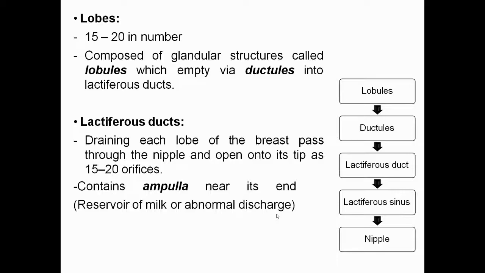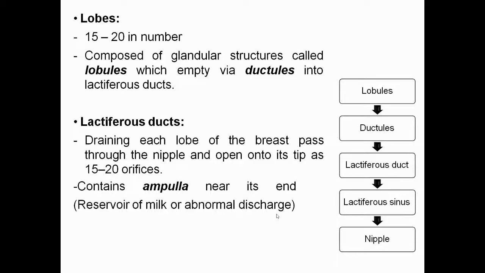It contains an ampulla near its end, and it acts as the reservoir of the milk or the abnormal discharge. Abnormal discharge will be seen in disease of the breast.